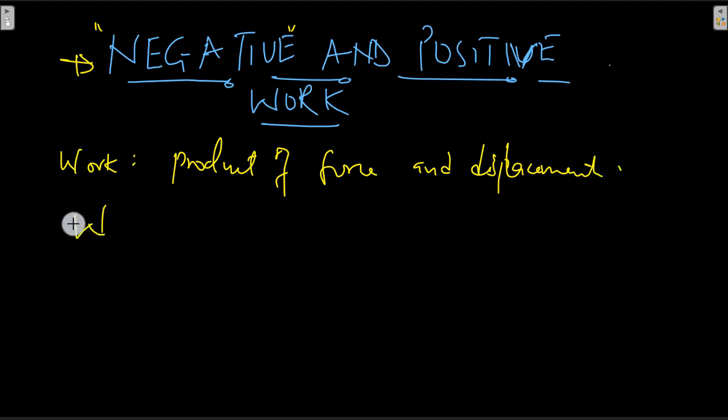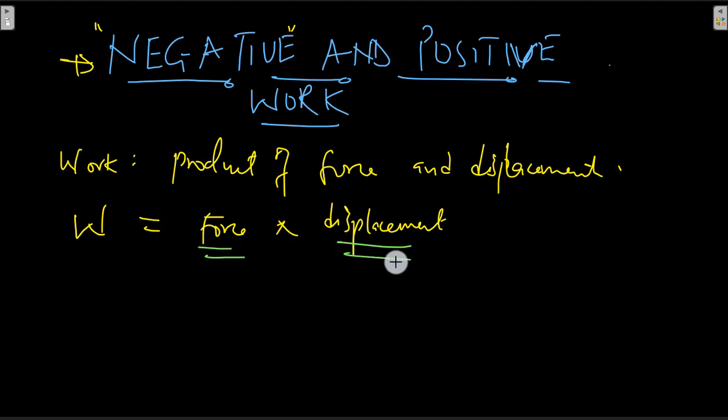Let me use this letter W to represent work. This is going to be the product of force and displacement. So we have force, and then displacement. Now, as you know very well, force is a vector quantity and displacement is a vector quantity.